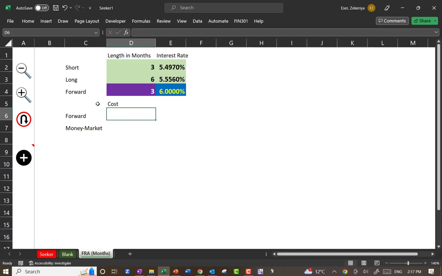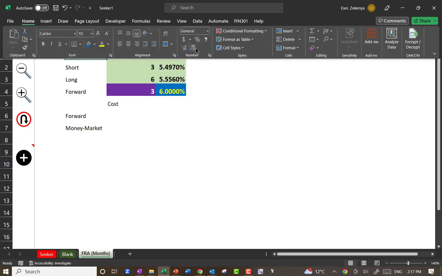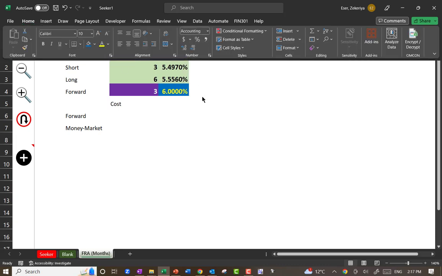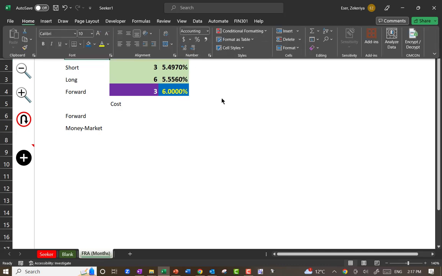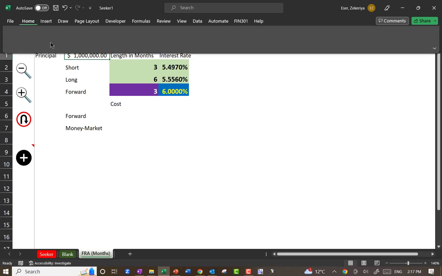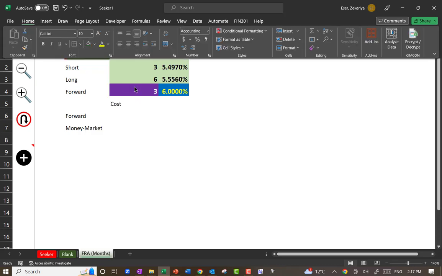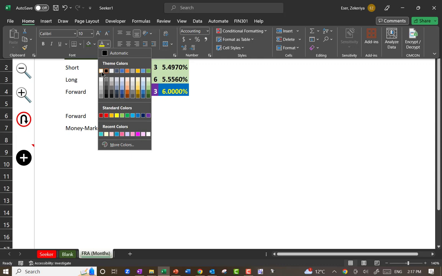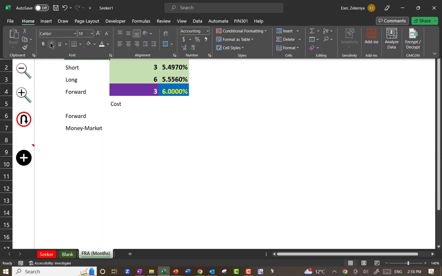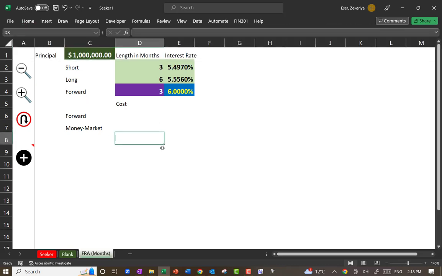Forward, and for the hell of it, let's put a principal, even though it doesn't matter. It kind of makes things easier to interpret. Not pounds, dollars. We're not in England. Okay.